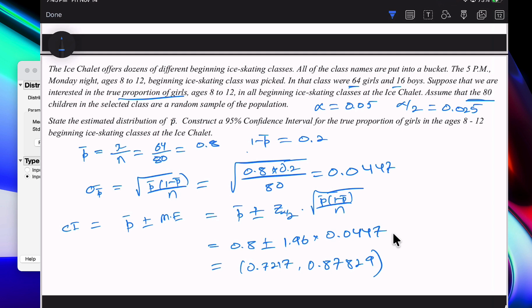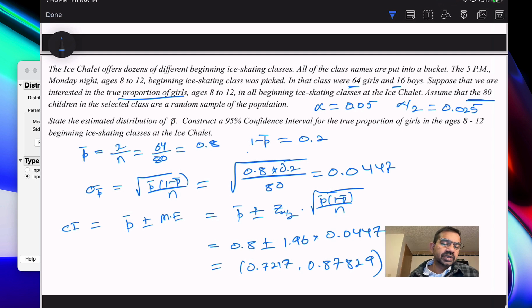So this provides us a confidence interval for the proportion of girls in the beginning skating class in the age group of 8 to 12 at Ice Chalet. And again, this is with a 95% level of confidence, or our significance level being 5%.